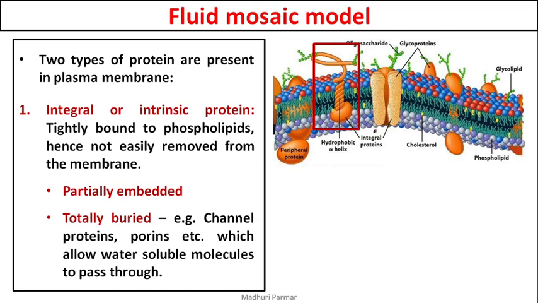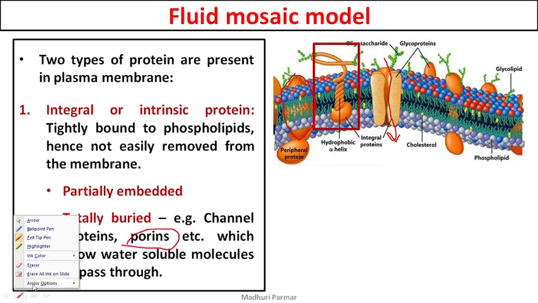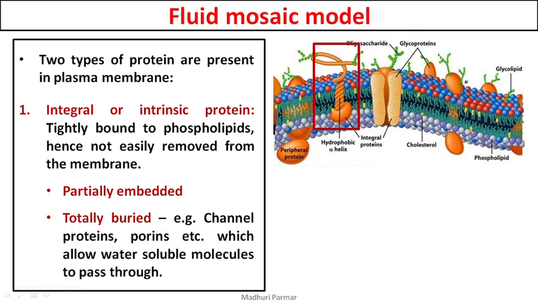Totally embedded ones can be channel proteins, like a channel that is created here, which will allow things to pass through. Or they could be other proteins, like this egg shaped protein. We can have other functions too: channel proteins and porins, like aquaporins, allow transport of water. This cell membrane is tightly arranged, but it will allow small molecules like gases, small non-polar molecules to pass through.